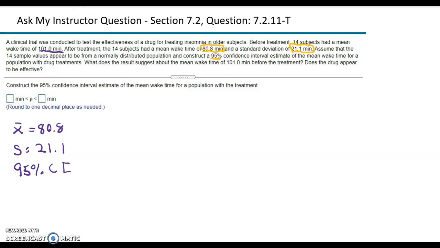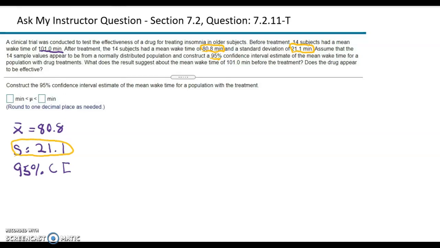Since we're finding the confidence interval for a mean here, we can either do a Z interval or a T interval. We do a Z interval when the population standard deviation, sigma, is known. We do a T interval when the population standard deviation, sigma, is not known. In this problem, we happen to have S is 21.1.